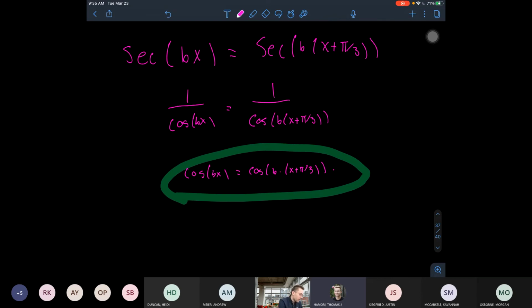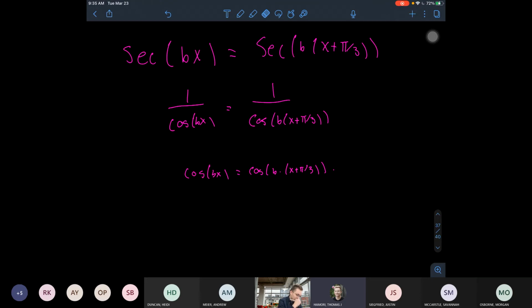Can you tell me which property of cosine you used to eventually wind up at that spot? Oh, okay, use the formula. That works too. Yeah.